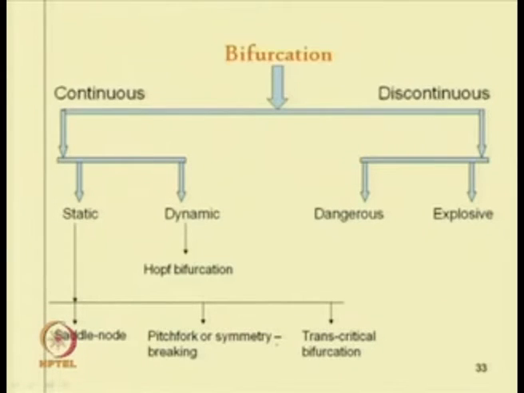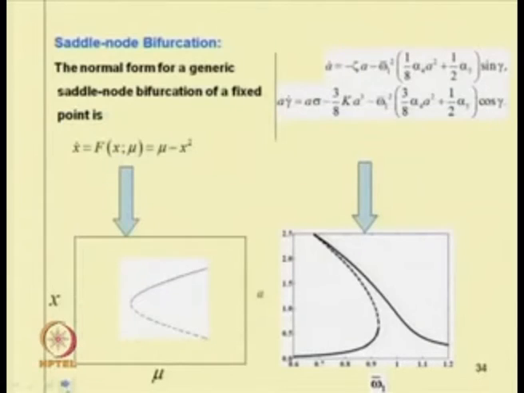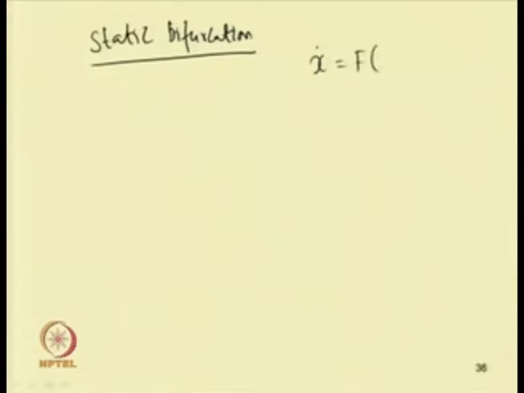So, in case of saddle node bifurcation point, let us discuss the static bifurcation. We have a system x dot equal to f(x, alpha).